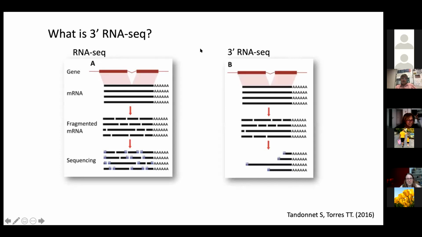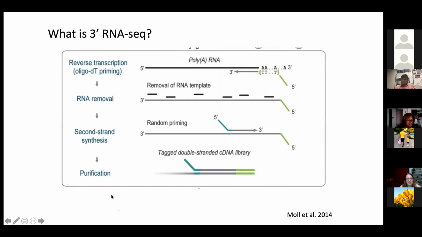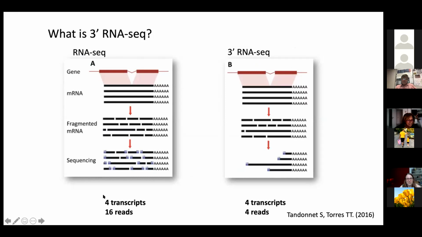The difference to 3' sequencing is that after the fractioning, with the help of the poly A, we fish out only the fragments which are connected to the poly A, and we sequence only a short sequence of this fragment with the poly A. This would mean, in this case, that when I have 4 transcripts, I need 16 reads to describe them with RNA-seq, whereas in this case, the same 4 transcripts, I have only 4 reads.